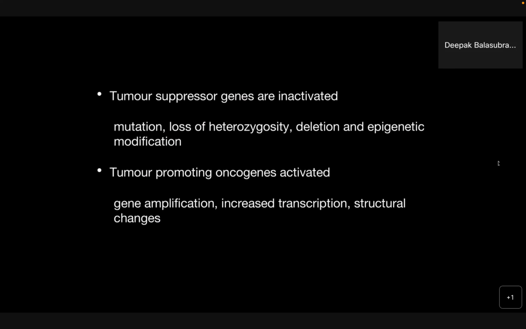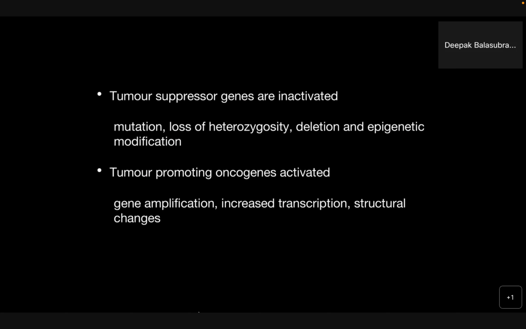Now, the basic premise in head and neck squamous cell carcinoma or any malignancy that you see is that tumor suppressor genes are inactivated. This can occur because of mutation, loss of heterozygosity, deletion, and epigenetic modifications.